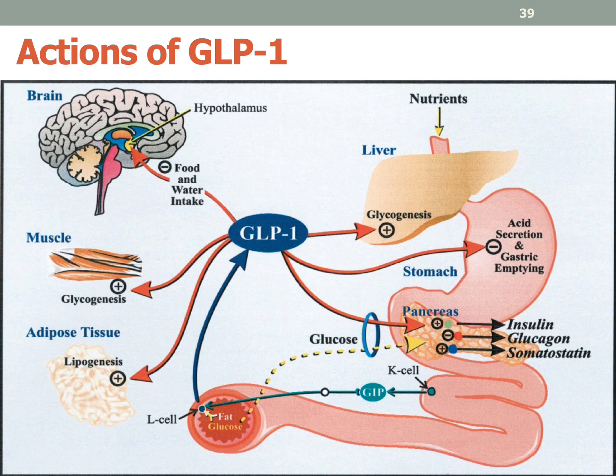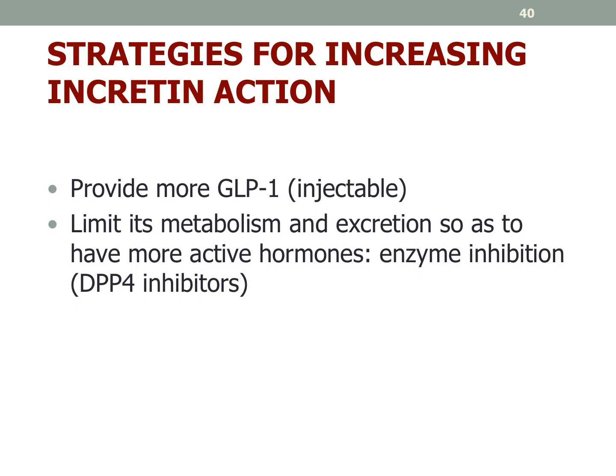If you're lacking GLP-1 in persons with type 2 diabetes, one strategy is just to inject it. Unfortunately, because it's a protein hormone, it cannot be orally ingested. It can only be injected. So GLP-1 receptor agonists are injectables.